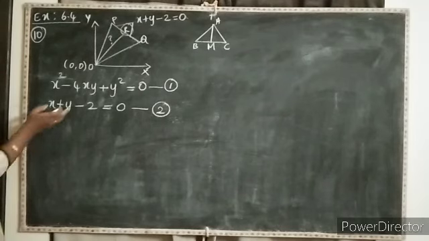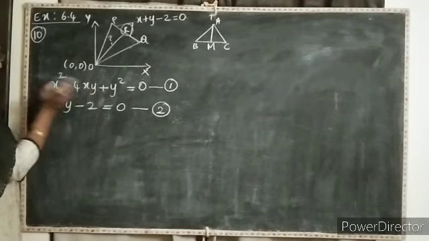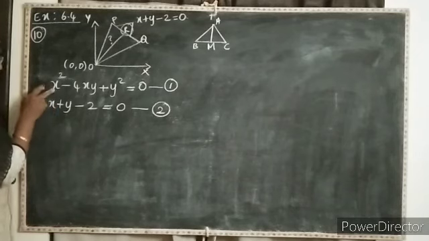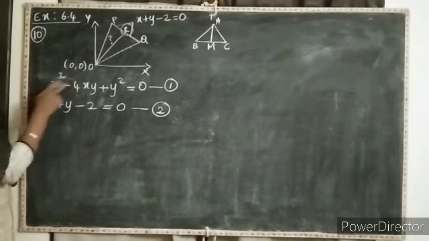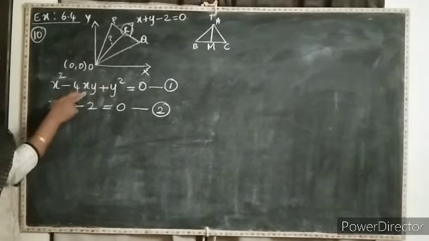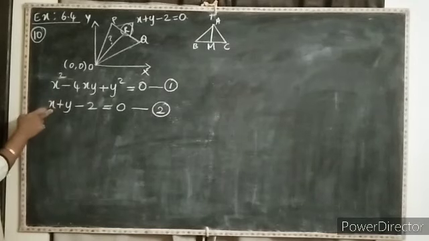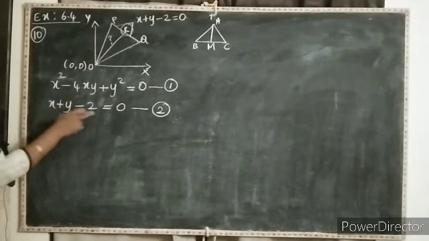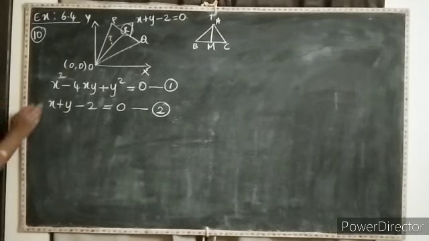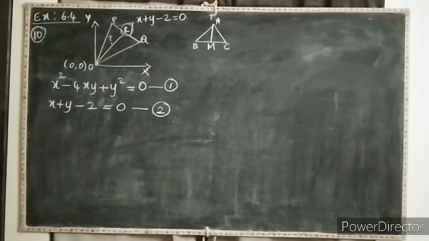This is not going to be an ordinary elimination, because here I have an x squared term, a y squared term and an xy term, whereas here I have only x, y and a constant term. So I am going to use the substitution method in order to solve this.